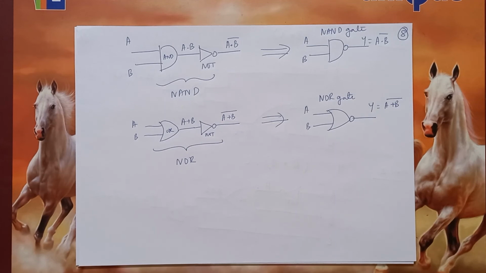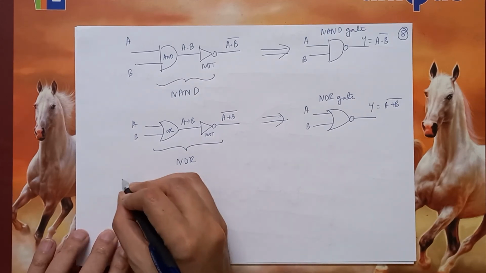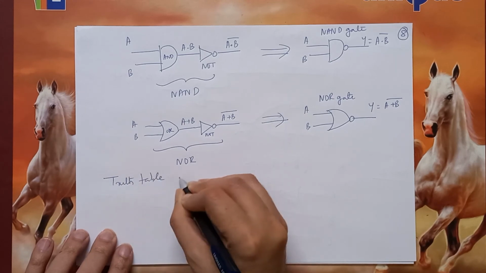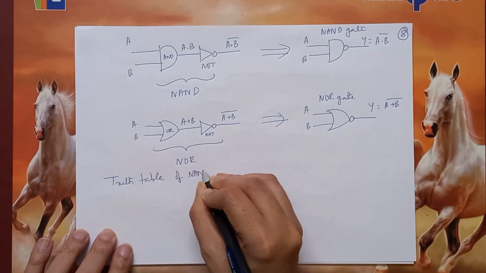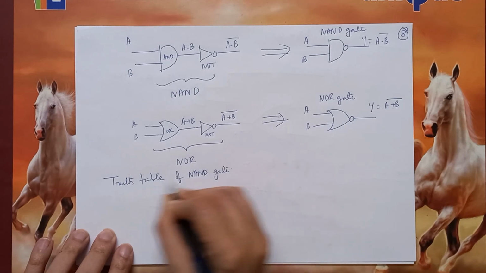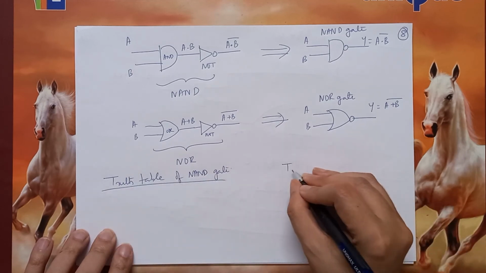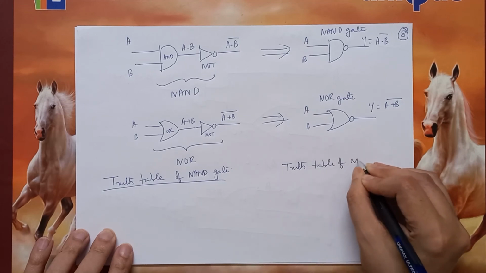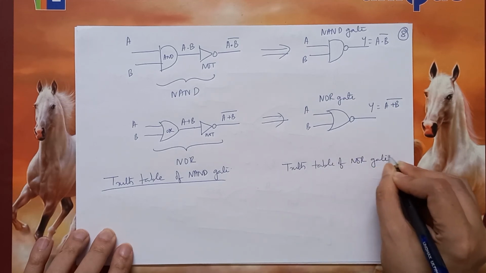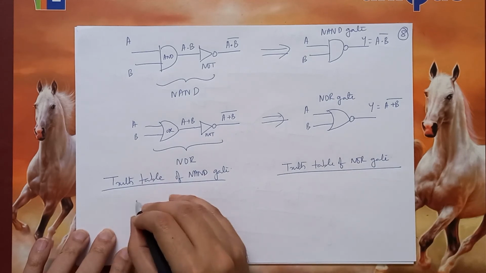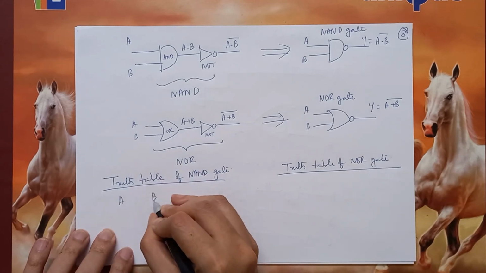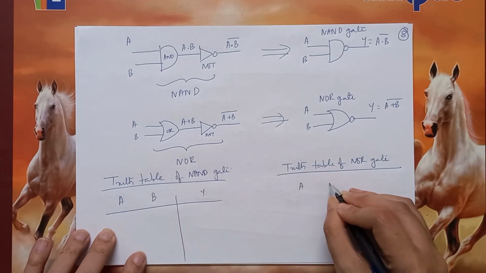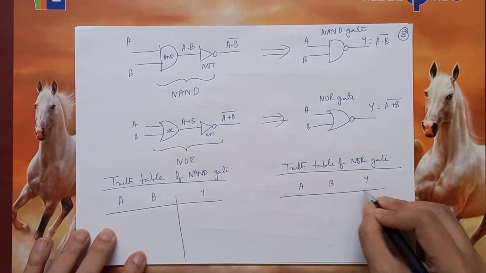But before we see the reason, let us try to write the truth table for these two gates, NAND, and we will also write the truth table of the NOR gate. So I will say A, B and Y. Here also A, B and Y.